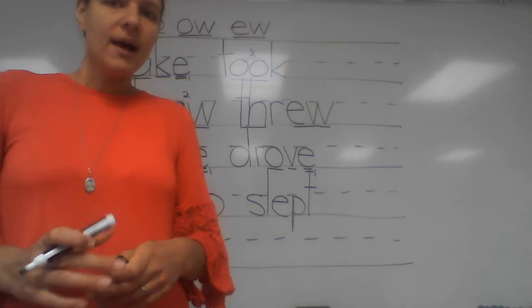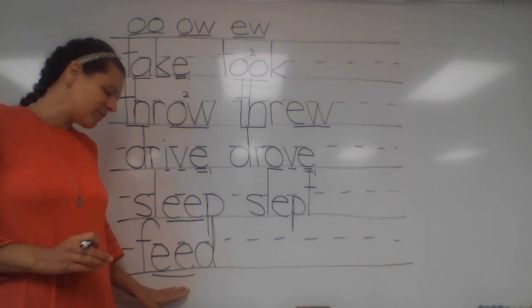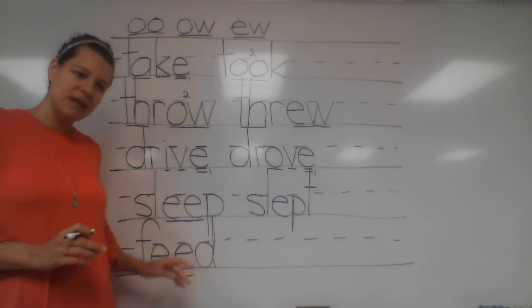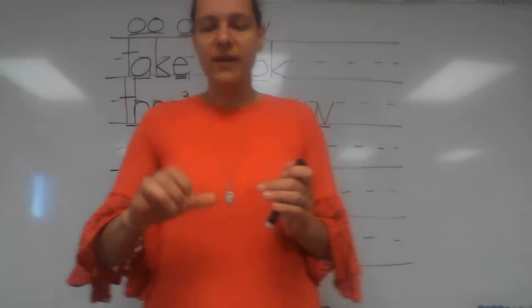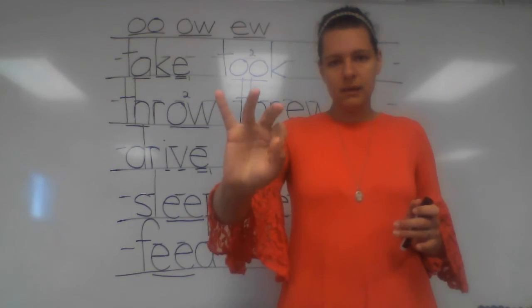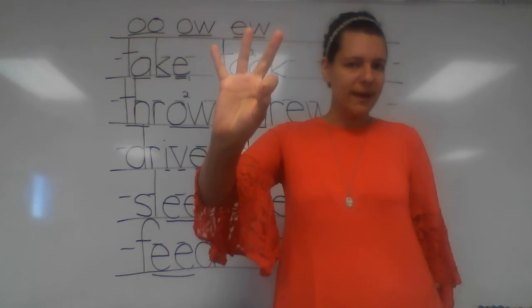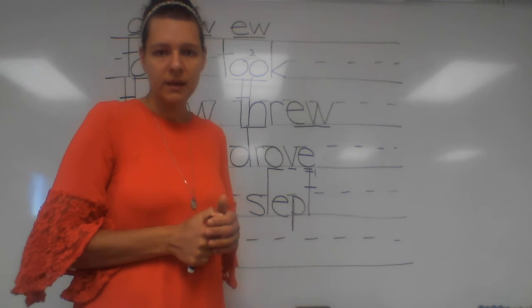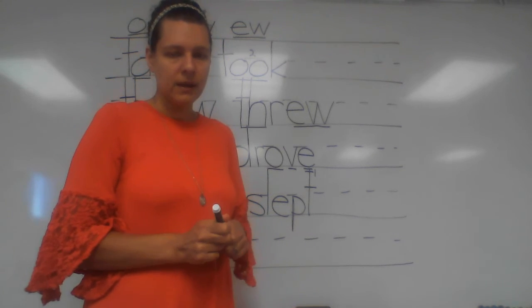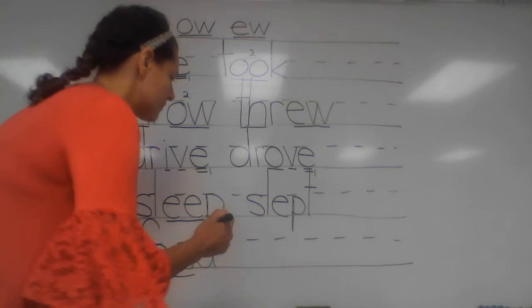All right, our last irregular verb that we're going to put in the past tense is feed. Class, what's the past tense of feed? Good, fed. What sounds do we hear in the word fed? Good, d. Go ahead and write fed. Say the sounds while you write them. All right, class, what do I need to write to spell fed?